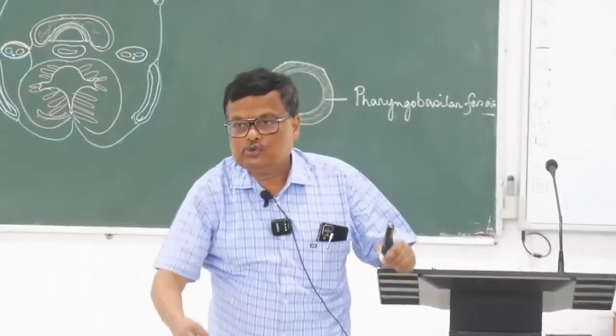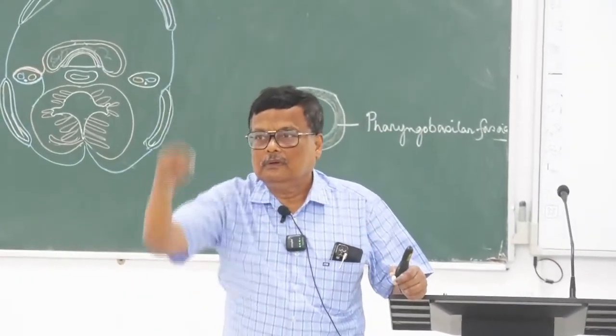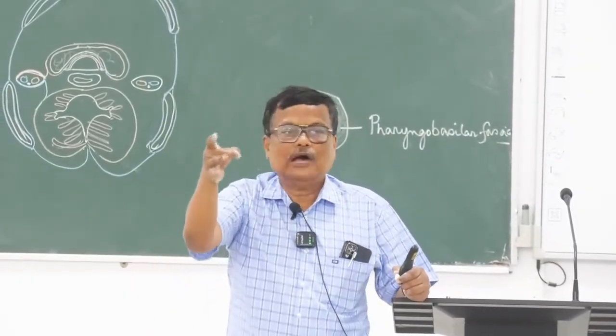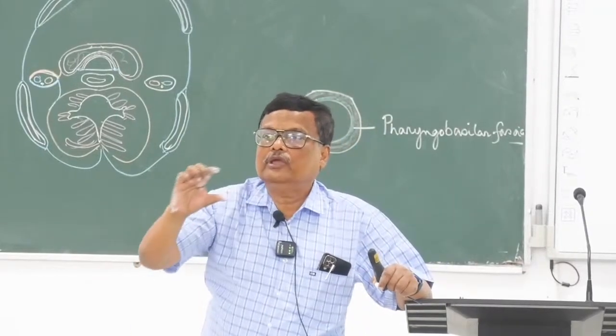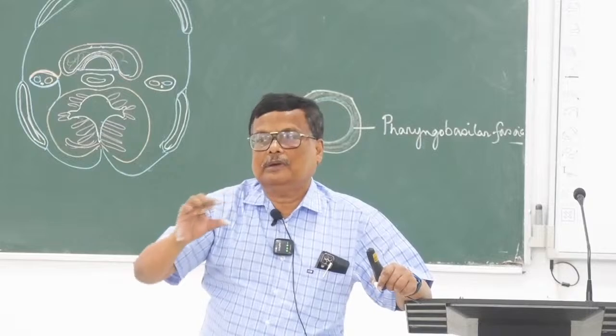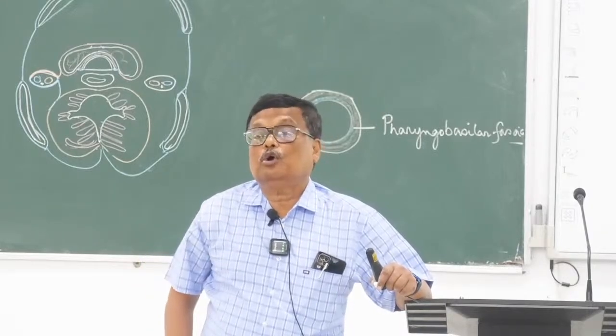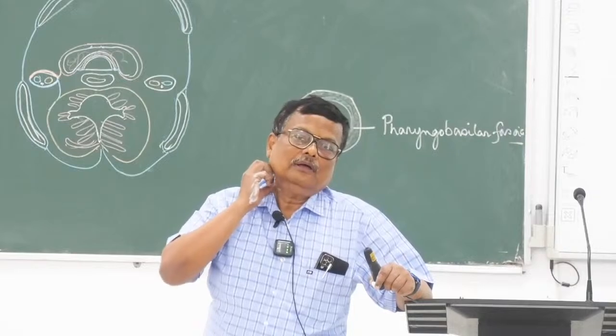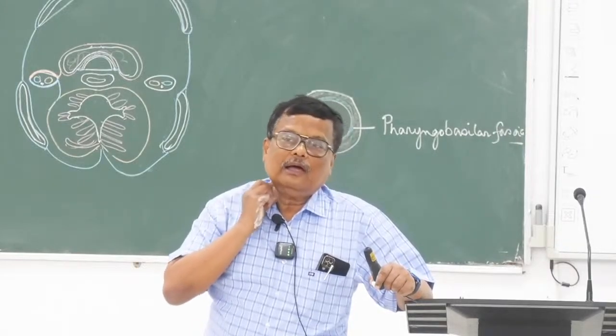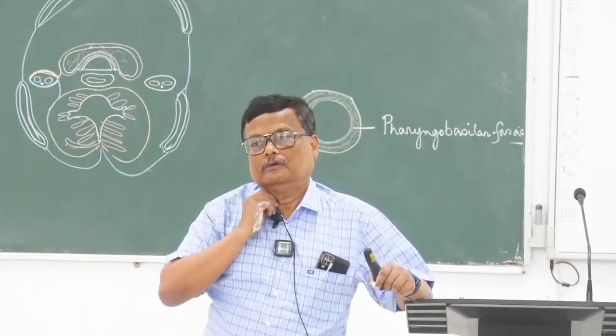There are some longitudinal muscles and some circular muscles. These circular muscles are arranged in three separate muscles. These are called constrictors of the pharynx: superior constrictor, middle constrictor and inferior constrictor.